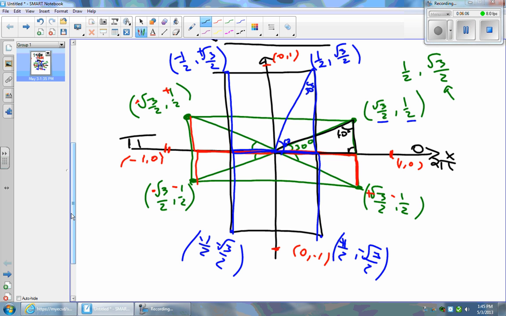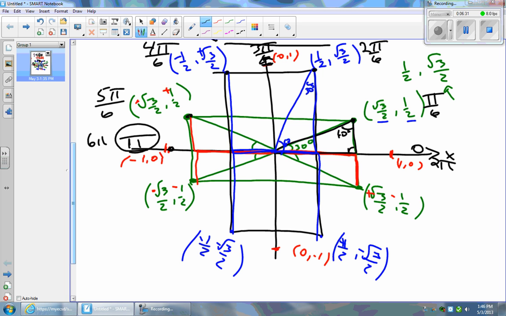You're breaking this up into 1, 2, include the axis, 3, 4, 5, 6s. You are in fact breaking pi up into 6s. So this is pi over 6. This will be 2 pi over 6, 3 pi over 6, 4 pi over 6, 5 pi over 6, and finally 6 pi over 6, which you know is just pi, so we'll just get rid of that one. 7 pi over 6, 8 pi over 6.